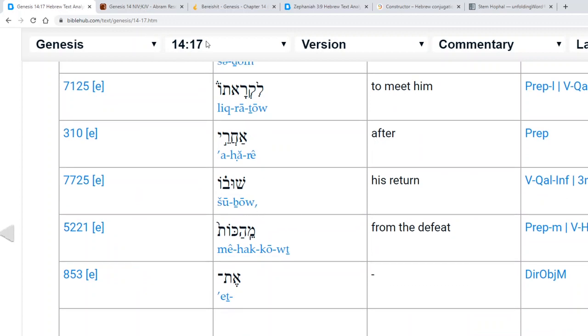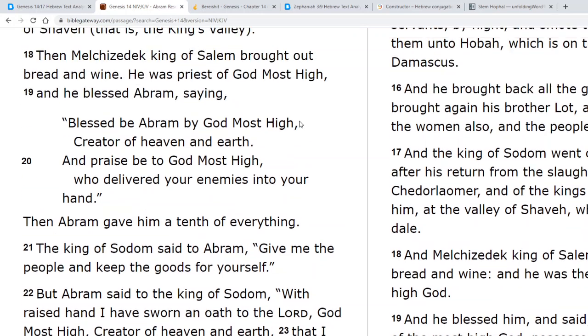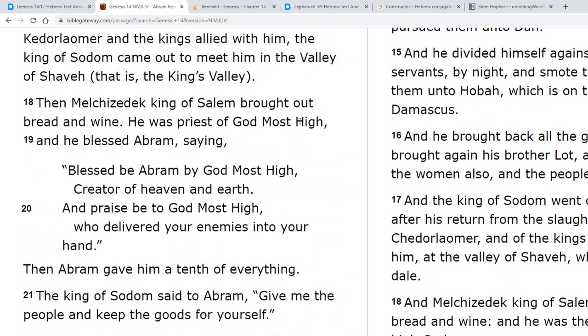Mehakot, I mean, it's to smite. They said smite before. Why slaughter now? And of the kings that were with him, at the valley of Shaveh, which is the king's dale. I'm not sure why they use different valley and vale and dale for emek, but they do.